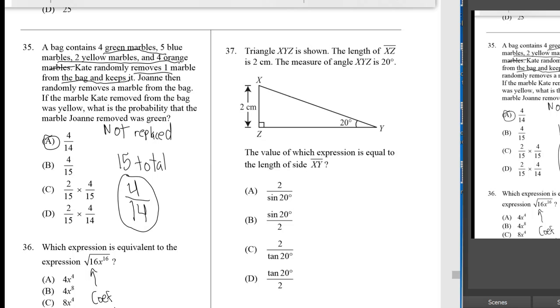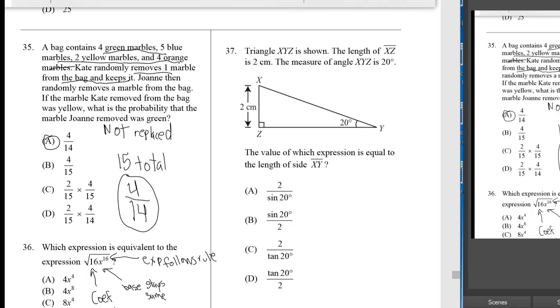Okay, so we know that, and then the base stays the same, and the exponent will follow the rule. Okay, so the coefficient of the square root is 16. The square root of 16x to the 16th.